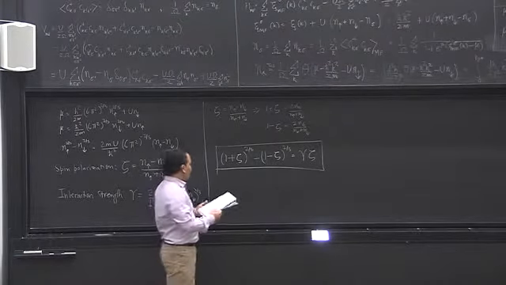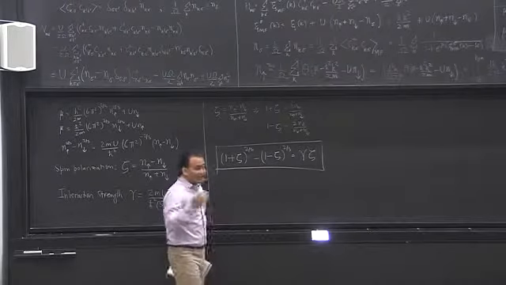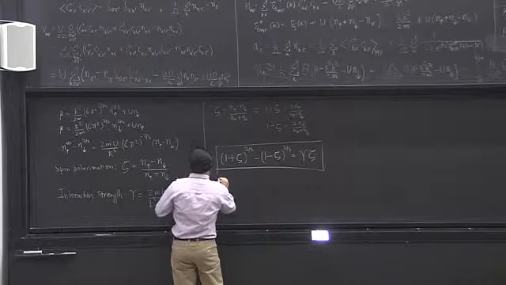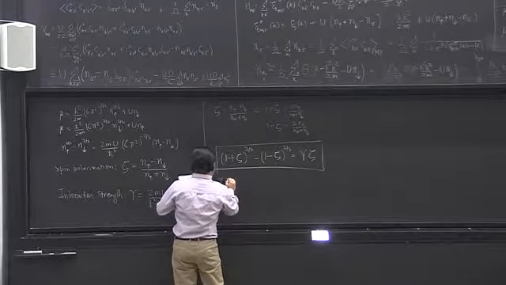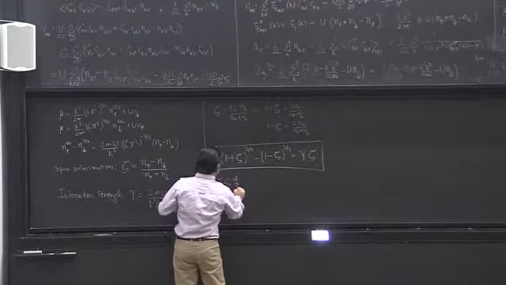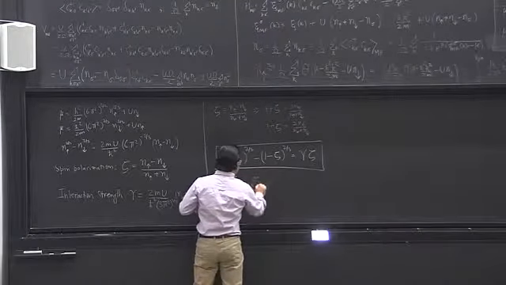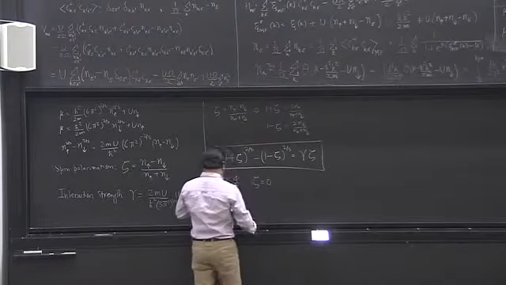Now this equation has three types of solutions. If gamma is less than 4 by 3, the only solution is zeta equal to 0.